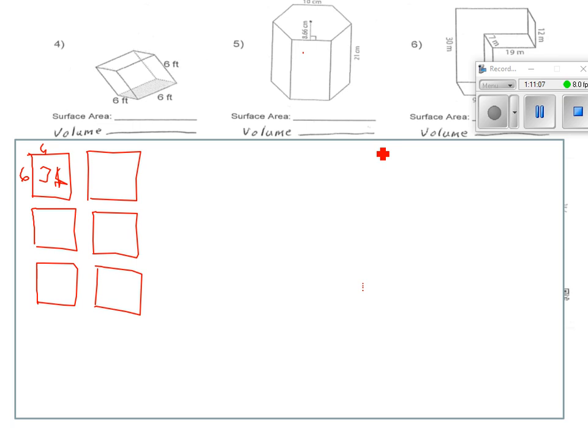I got 658. I got 1,600. Oh, I didn't add. Times 2. 1479.6. How'd you get that?